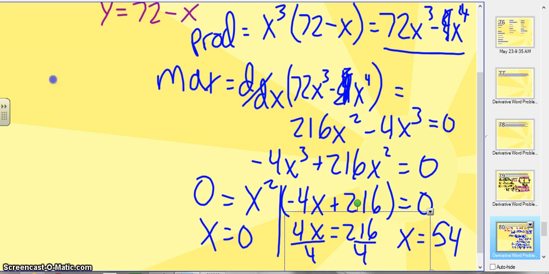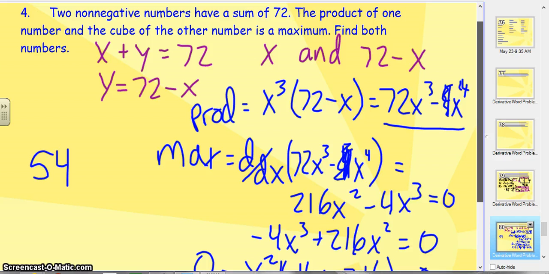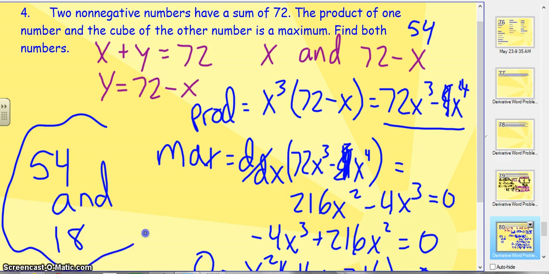Okay, so my first number is 54. That's what x equals, because I want non-negative numbers. Well, 0 is nothing. So my other number, if I plug 54 in, 72 minus 54 is 18. And you can check it. 54 plus 18 is 72. And then if you were to cube one of the numbers and multiply it, you should get a maximum.